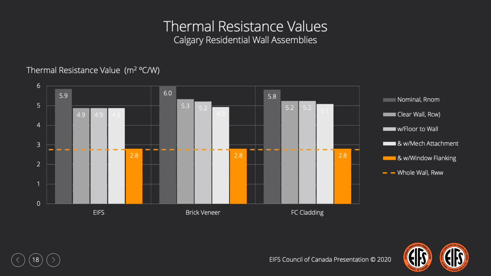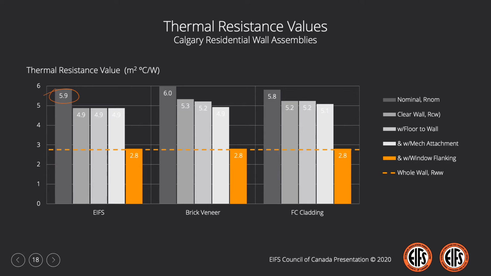The outcome for Calgary, while the values are higher than what is required for Vancouver, the pattern is very much the same. Slight drop in the masonry assembly from the nominal to the clear wall, slight drop again from the clear wall to the floor to wall considerations, some impact by the mechanical attachment for both the fiber cement cladding and the masonry veneer.